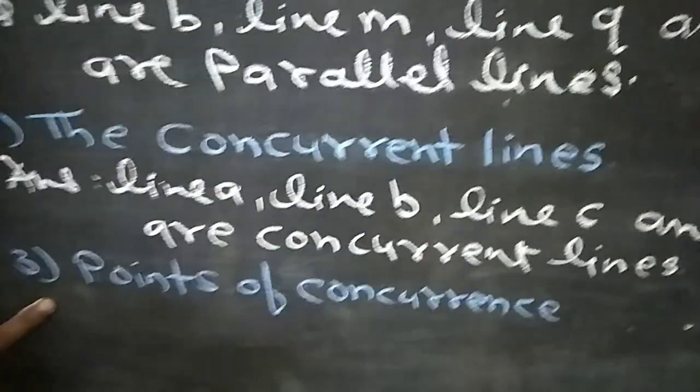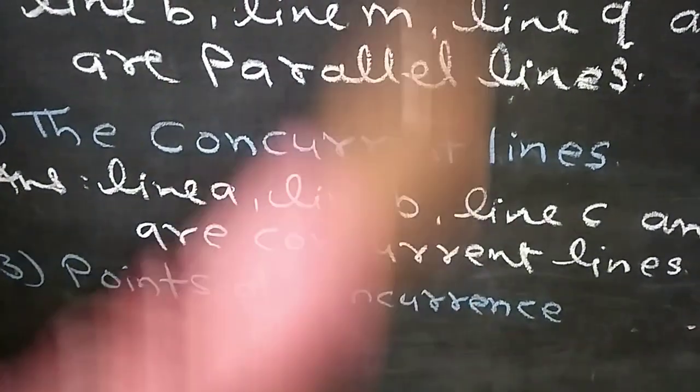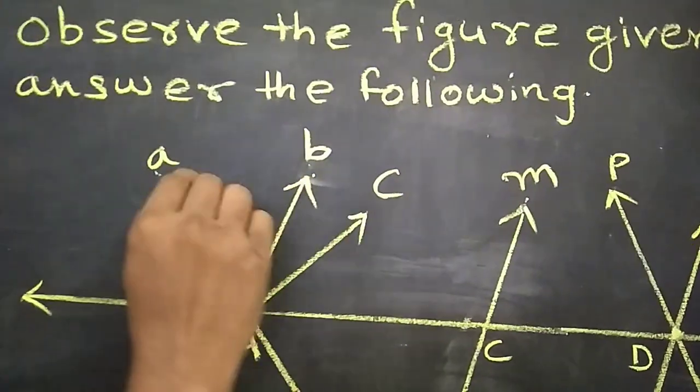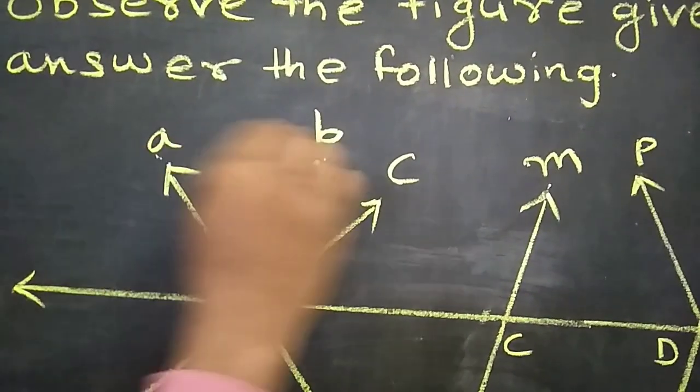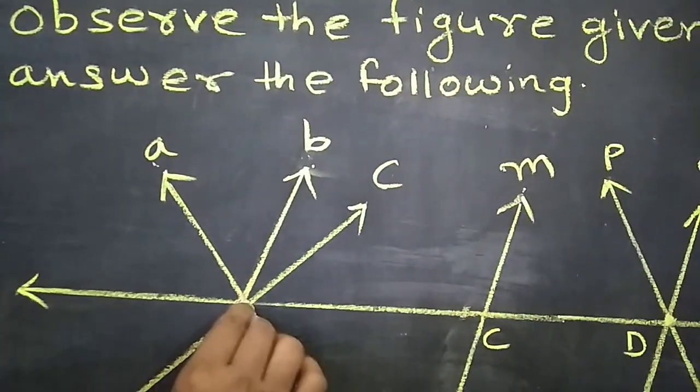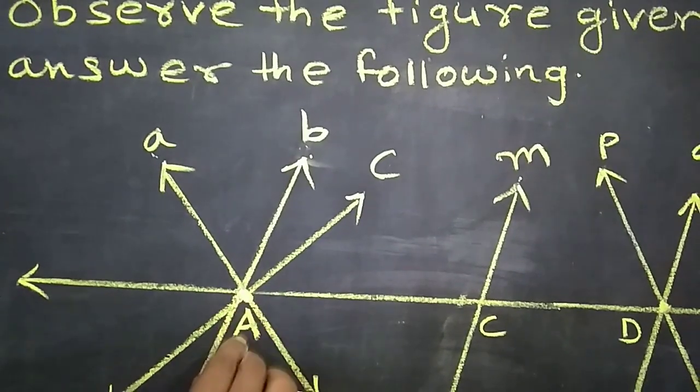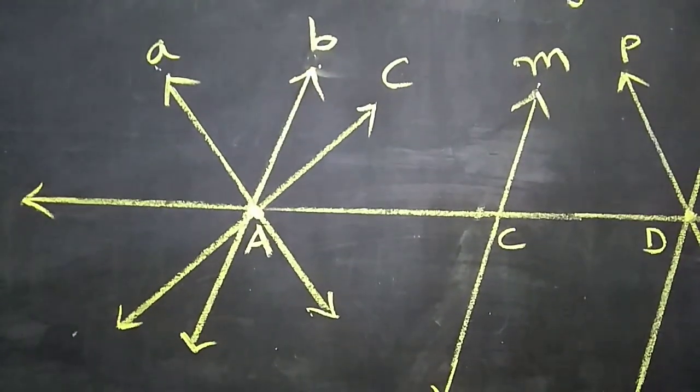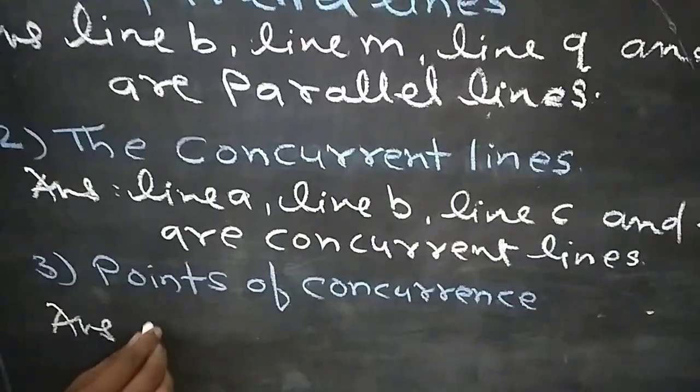Now your last one is points of concurrence. You can see here in the diagram, all lines A, B, C are intersecting at point A. So this point A will be your point of concurrence. So you can write your answer in this way.